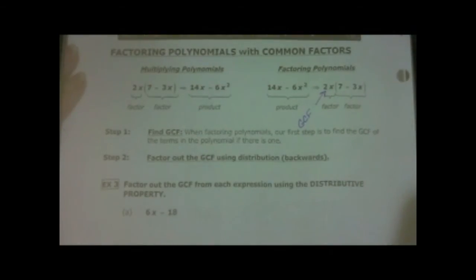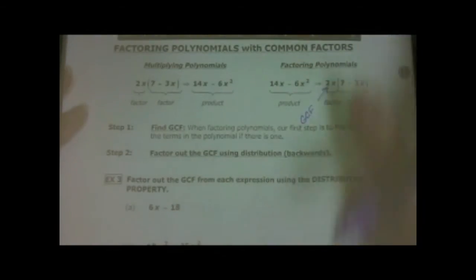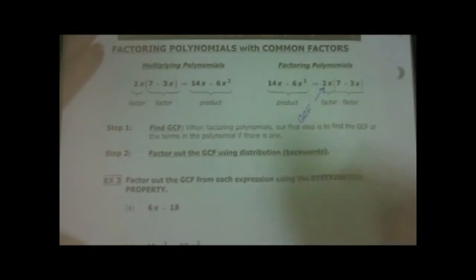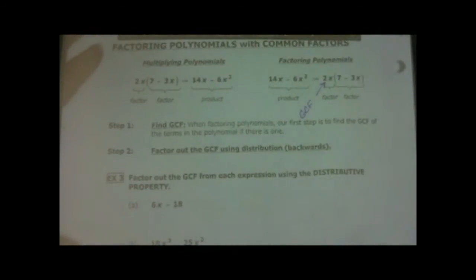So step 1 to do this is find the greatest common factor. And step 2 is to factor out the greatest common factor using distribution backwards. So let's start with a real easy one, 6x minus 18. What goes into both? 3. 6 divided by 3 is 2x.